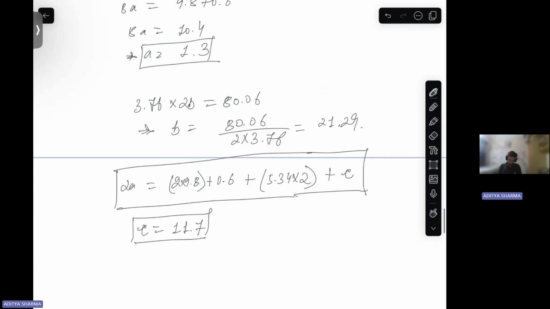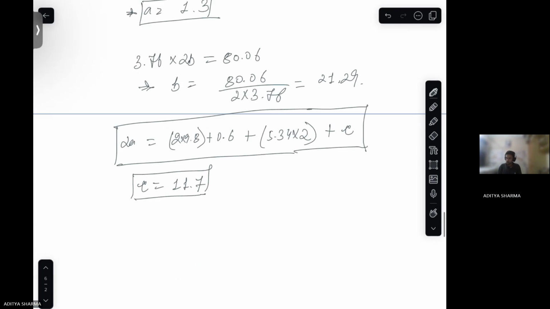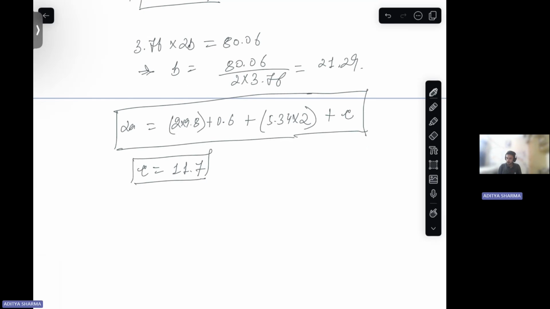So now we have this equation. Now if we want to write it in this form, it will come out this way.